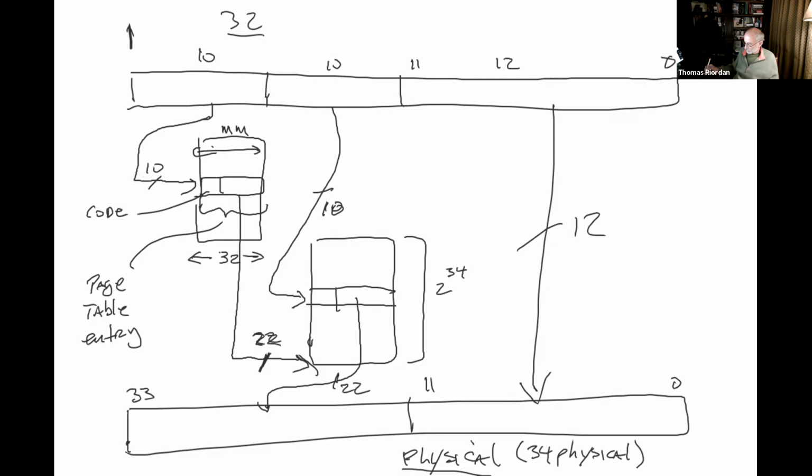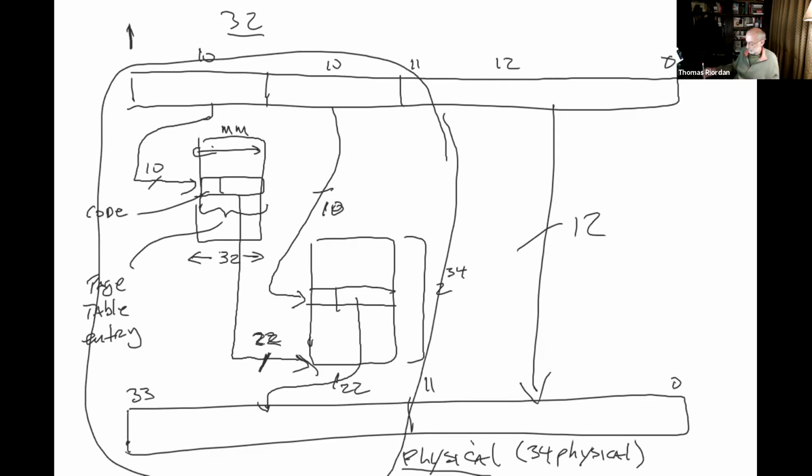So this gives us our mapping. So anytime that we need to create a mapping, we have to go through this access pattern. And so when we see the picture that the author has of the mapping, this is the mapping that happens in the top 20 bits.